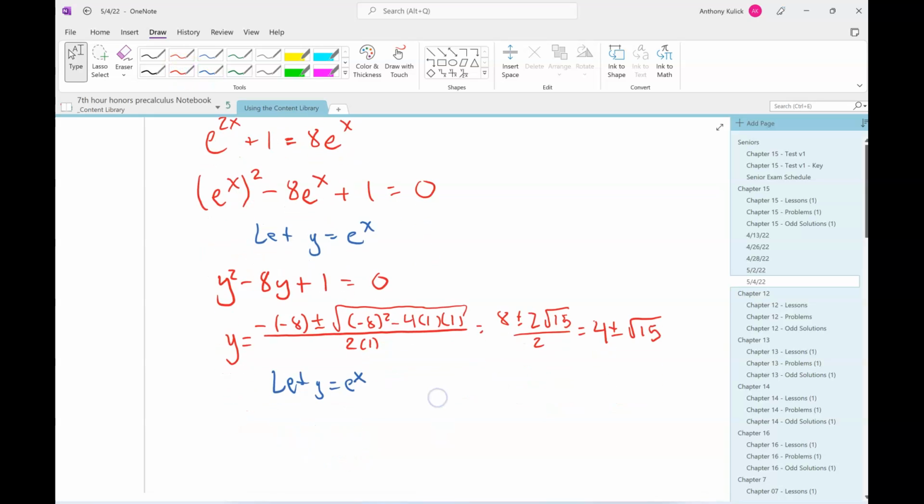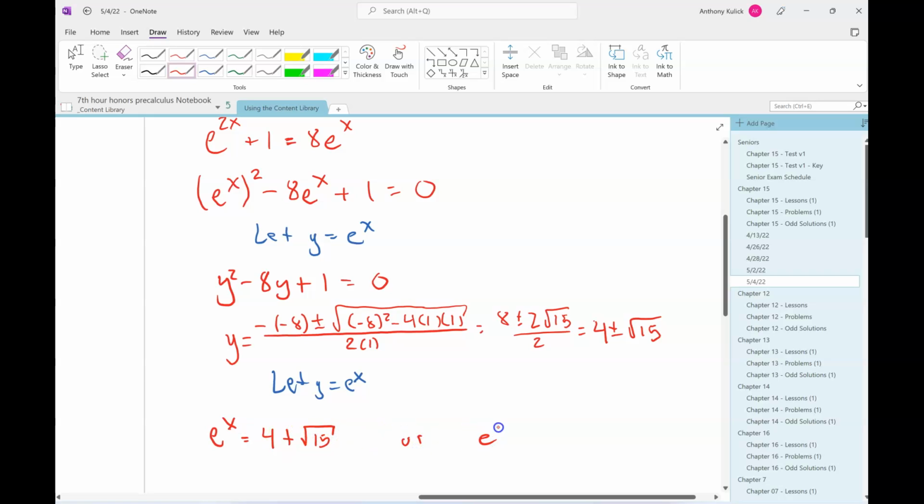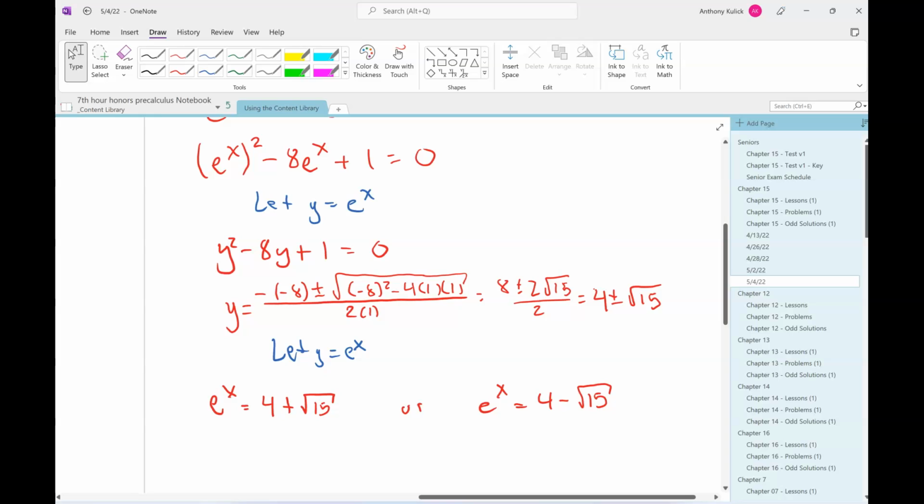So let's go ahead and substitute back. So I'm going to get that. So far, so good. Last thing I've got to do is get the exponent base of e out of there. How do I do that? Log base e, which is the same thing as the natural log.